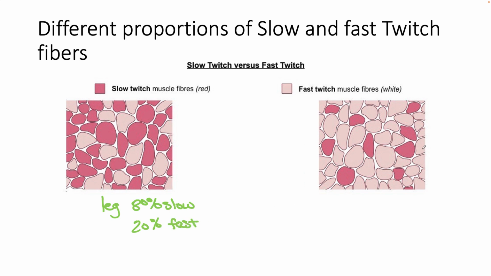Whereas in your eyes, you're going to have about 80% fast twitch, right? These little white ones, and about 20% slow twitch. So again, your muscles aren't 100% one or the other. They have different proportions of slow and fast twitch muscles.